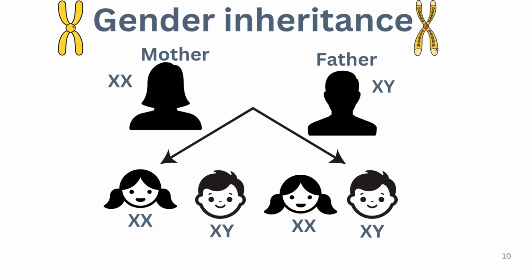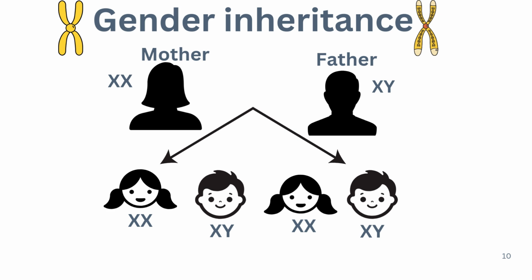In a female, we have sex cells known as eggs. In males, they have sex cells known as sperm. Every female has XX chromosomes, that's two X chromosomes, while a male has X and Y chromosomes.